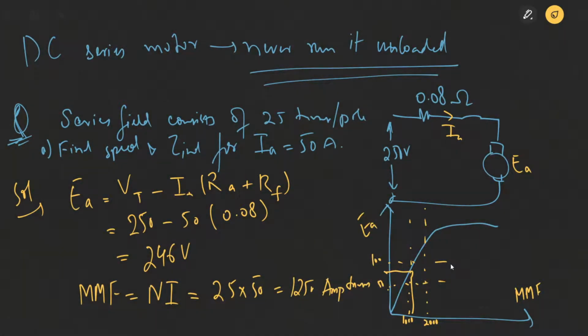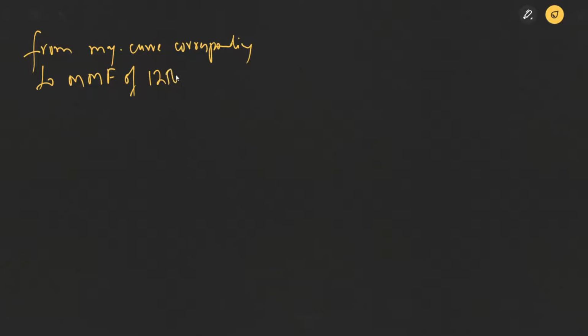So from the magnetization curve that I'll be giving to you separately, we get EA of 80 volts corresponding to an MMF of 1250 ampere turns.